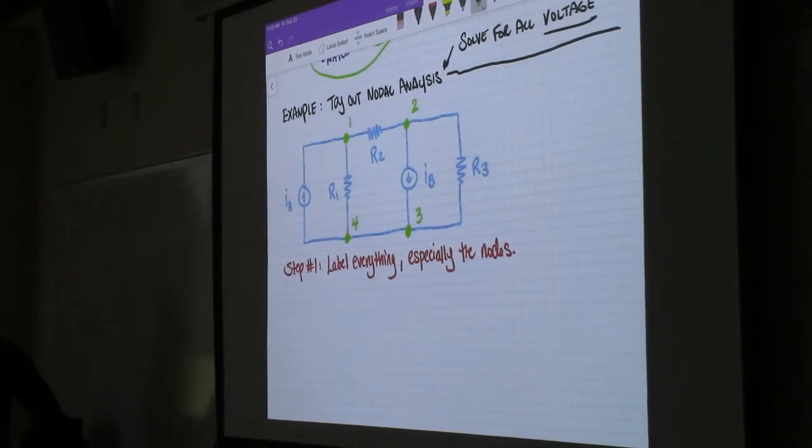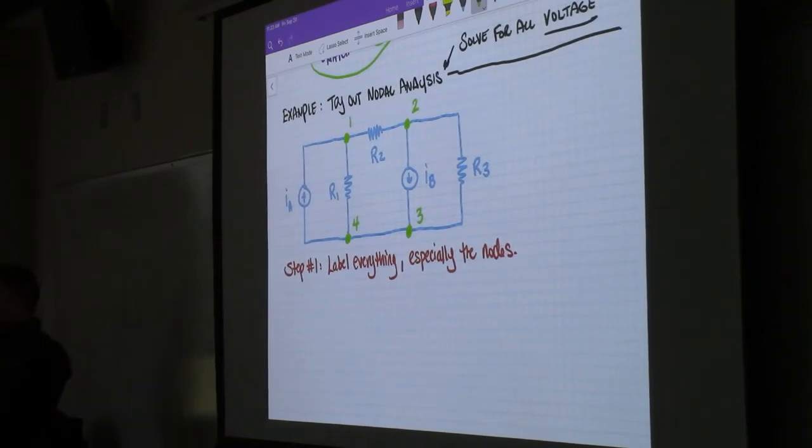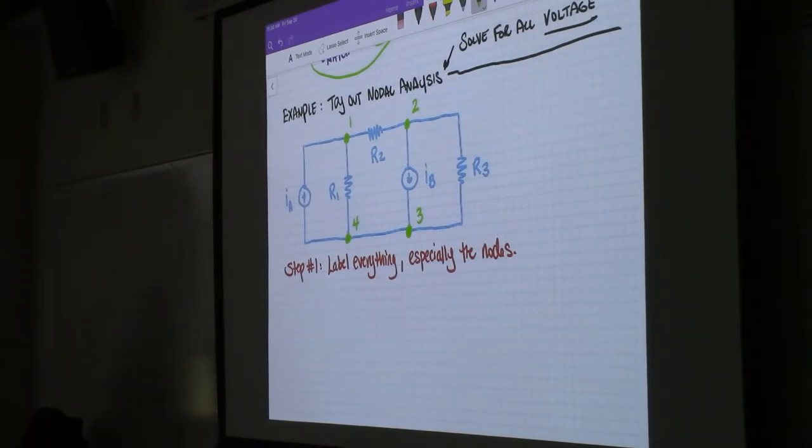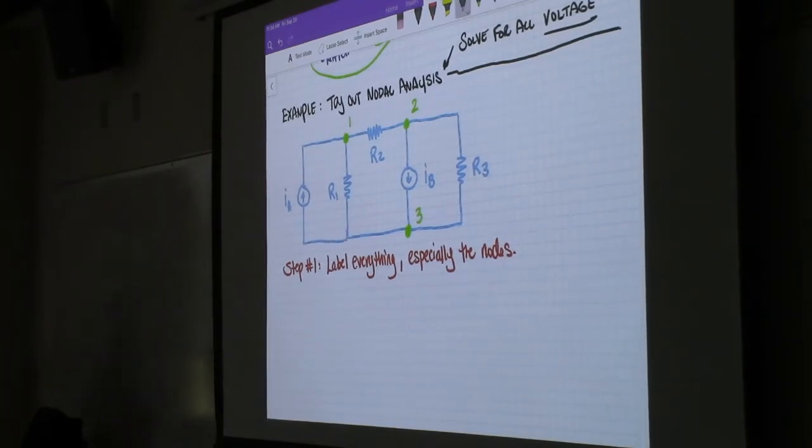Every time you try to run the matrix math, one of the expressions is going to be redundant, which means you're going to have a singular matrix, which means that every time you try to invert it, it's going to spit out undefined, and it keeps going on and on. It won't work. So it's very important that you label the nodes properly, and you know how many nodes there are. So in this case, we have 3 nodes.